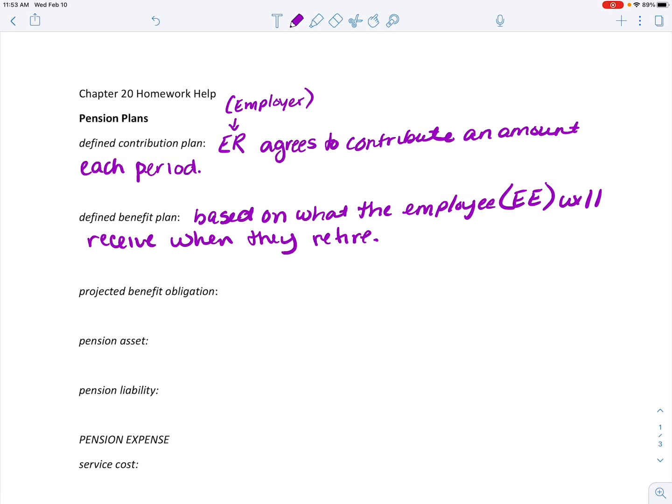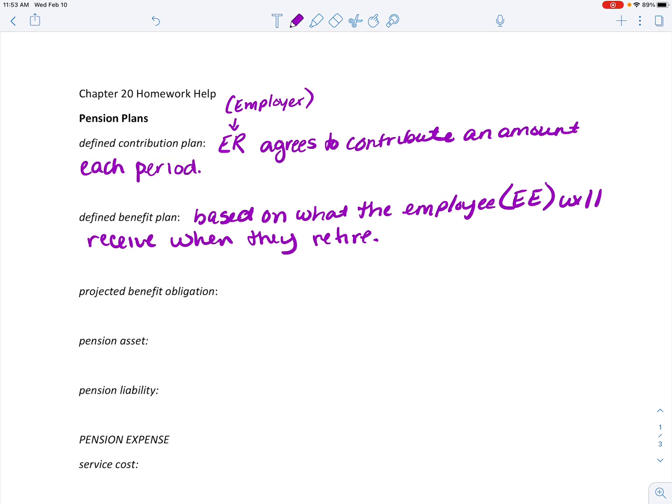Because this is so complex, usually the calculations for what an employer has to contribute is going to be done by actuaries. They're going to come up with your obligation, how much you should be contributing each year to make sure, based on all these variables, that the plan is funded.